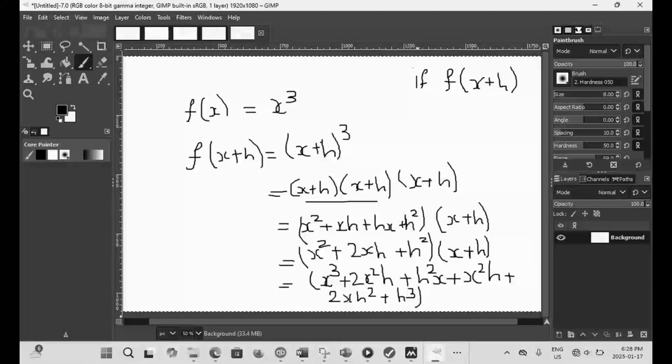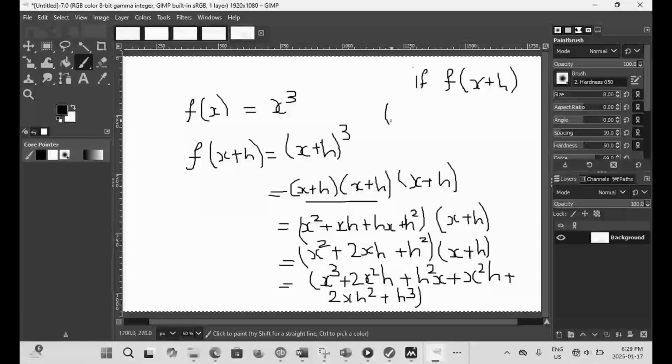Now you can simplify this further. So you have x cubed, then 2x squared h plus x squared h, so this becomes 3x squared h.